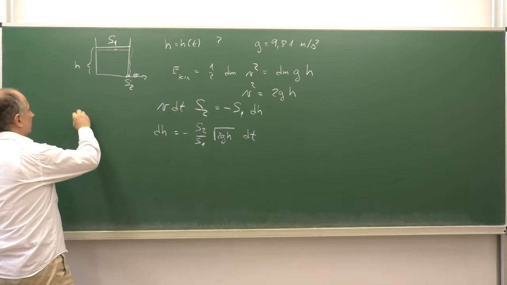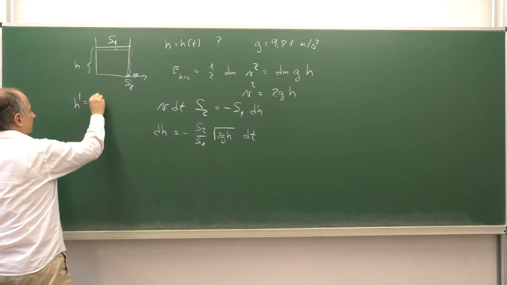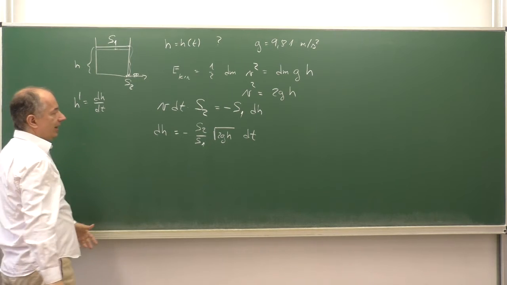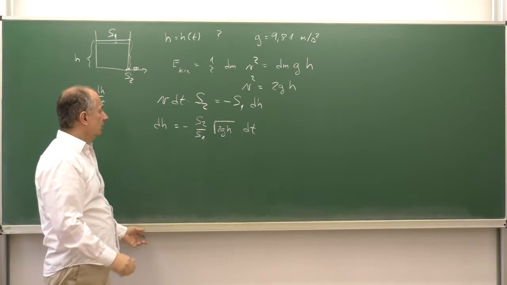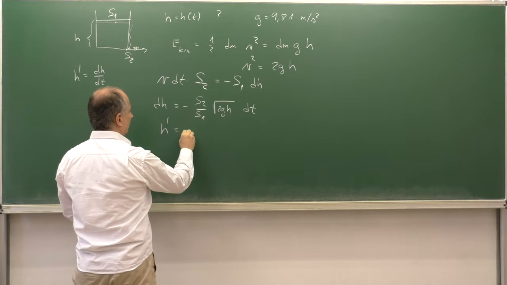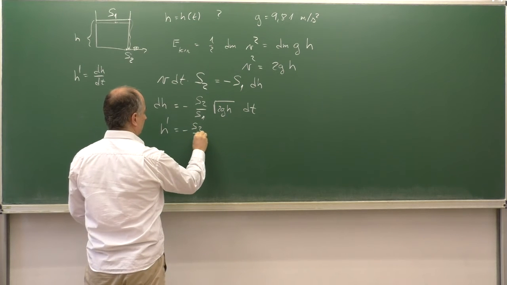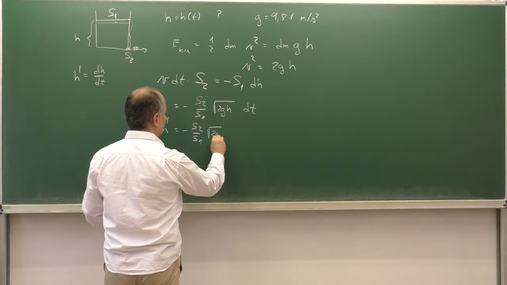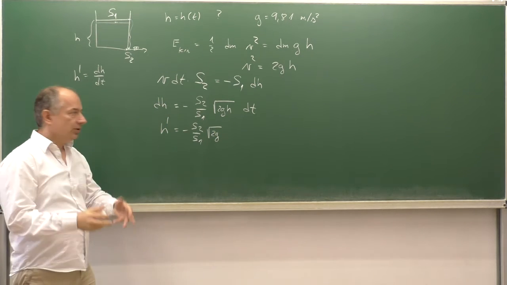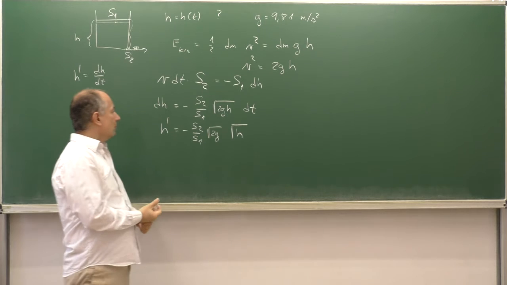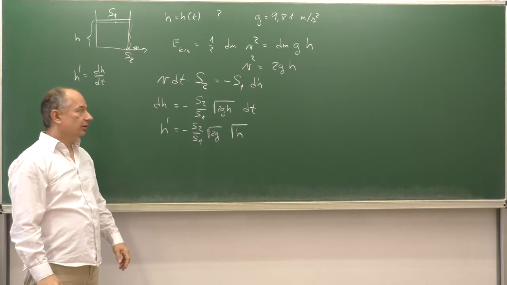And if we denote h prime the derivative of the height h with respect to time t, we have the differential equation h prime is minus S2 divided by S1, and we write it as square root of 2g, which is some constant, times square root of h. And this is our differential equation.